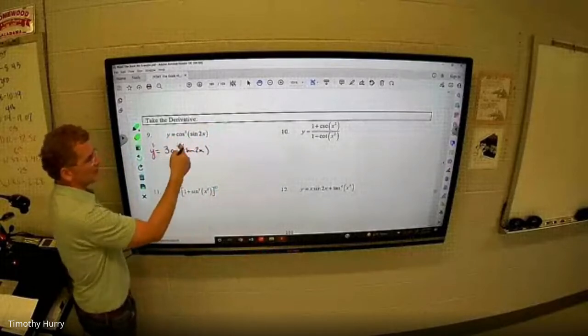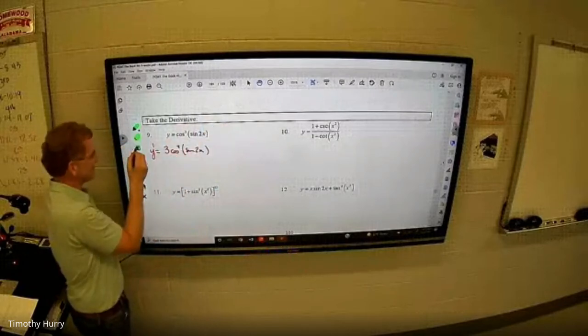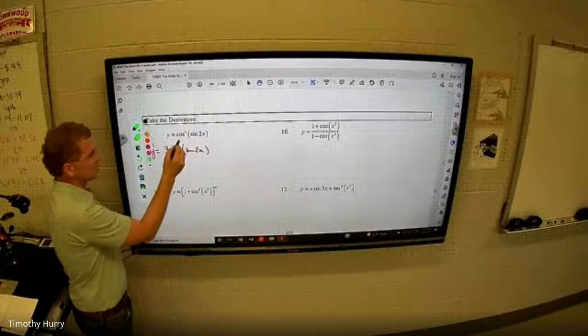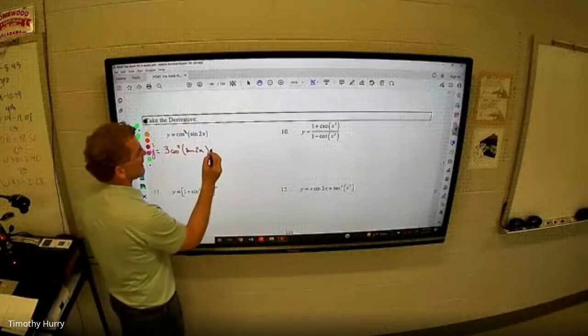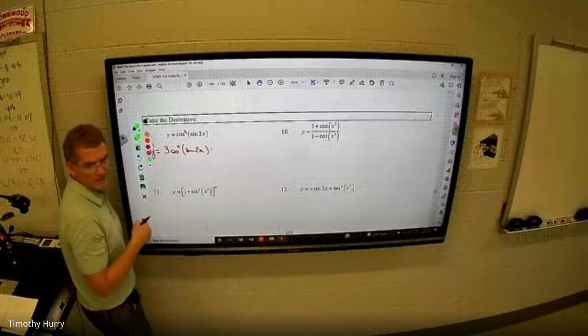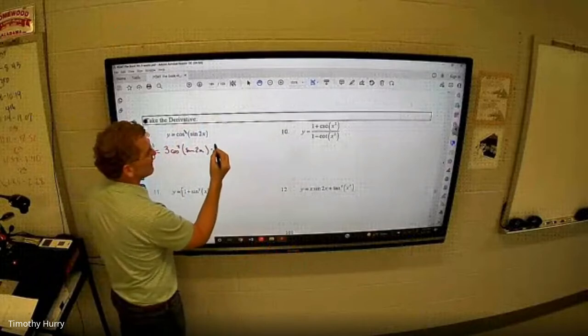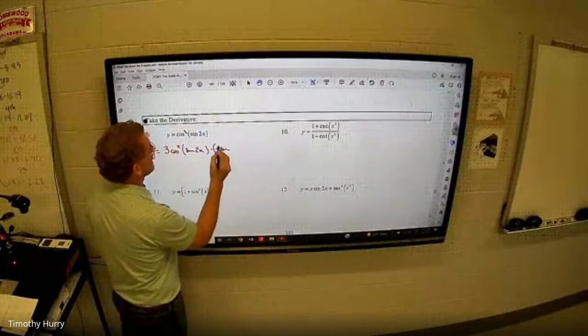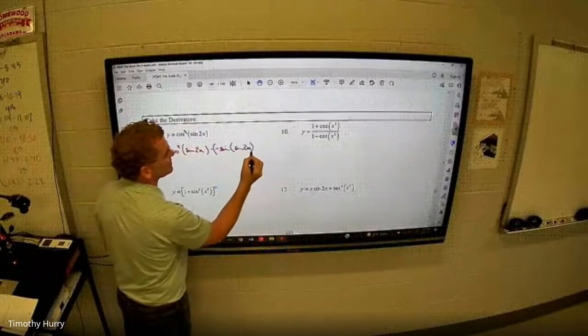So I go 3 blah 2, but I don't put the 2 on the outside. The 2 goes right in there. And what does that take care of for me? Just the 3. I haven't even gotten to the cosine yet. So then times. Now, what's the derivative of the cosine part? So I don't write negative sign. I write parentheses negative sign for the cosine part of the blah, which is the sine of 2x.